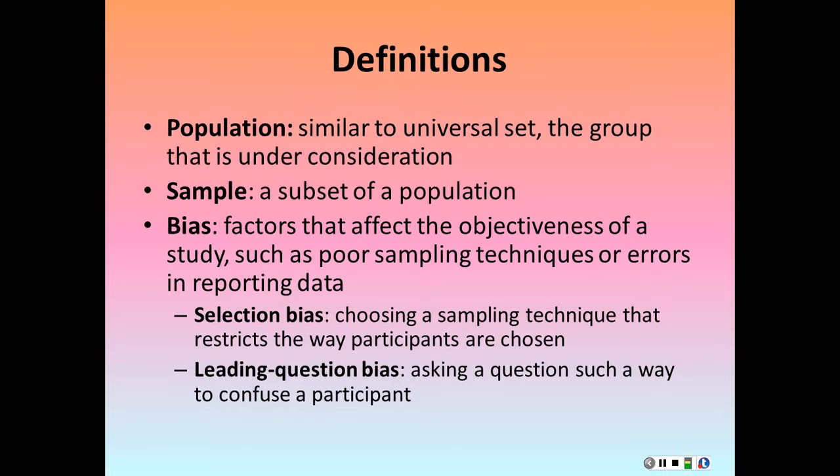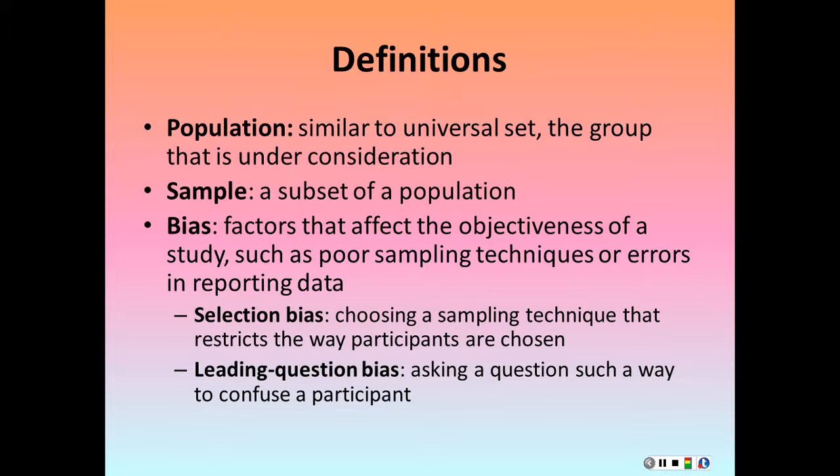Especially if you're trying to say this particular study is all-encompassing, a good representation of a larger population. So that's selection bias. Also, if you're trying to survey people's opinions on, let's say, gender equality, but you only survey one gender, obviously that's selection bias.